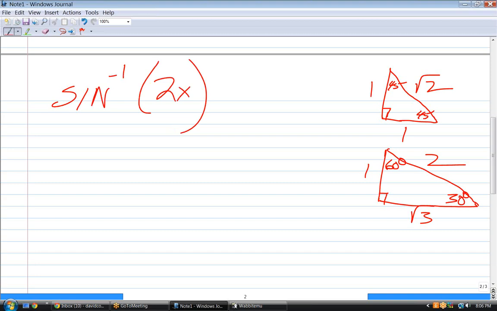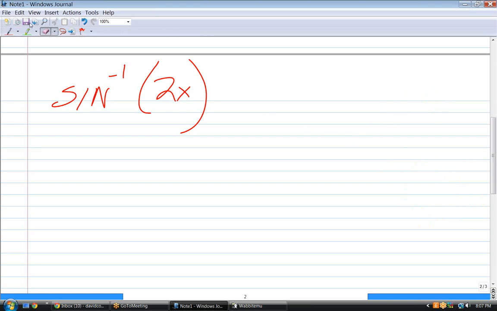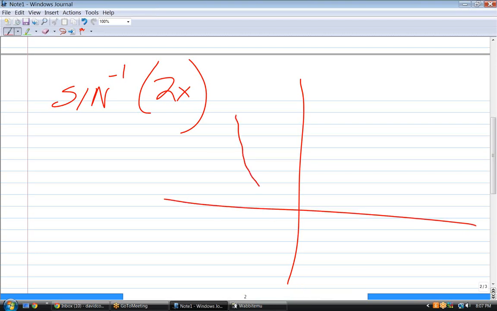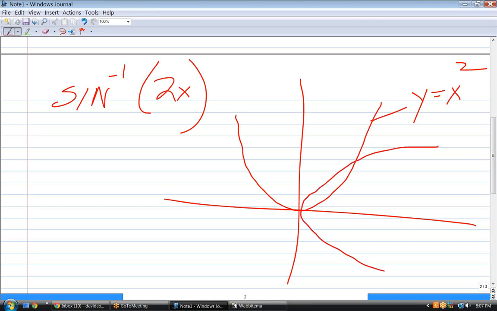All right. Let's talk about inverse trig functions. In fact, let's talk about all inverse functions. That function right there is y equals x squared. If I were to get an inverse of that, it would look like this, and that's not a function.